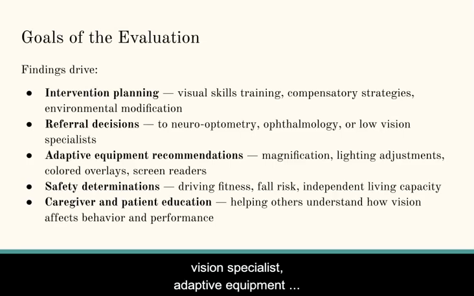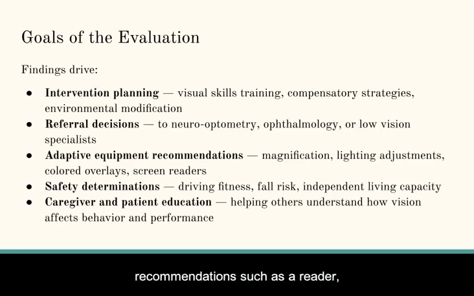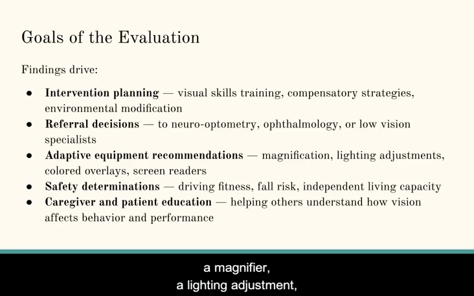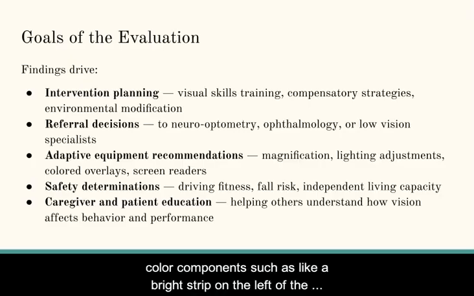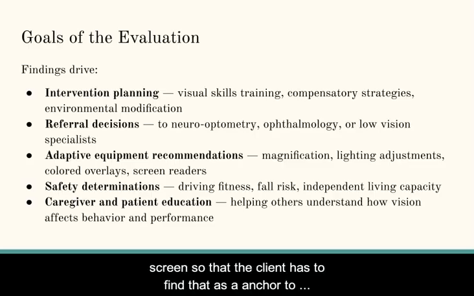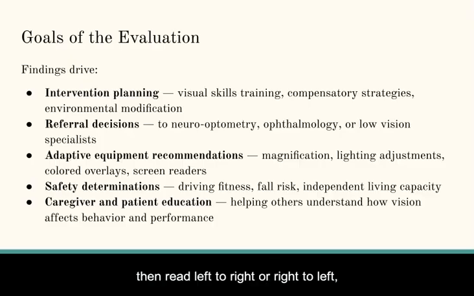Adaptive equipment recommendations such as a reader, a magnifier, a lighting adjustment, color components such as a bright strip on the left of the screen so that the client has to find that as an anchor to then read left to right or right to left depending on what language they speak.